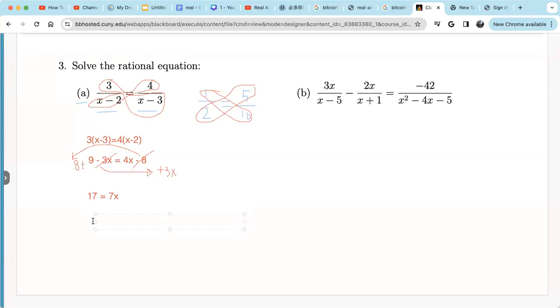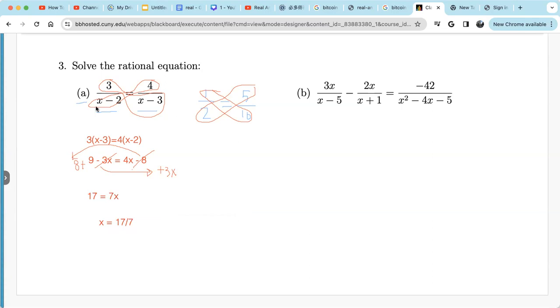So now I write x on this side. Normally, by convention, we like to write the x term, the variable, on the left-hand side. So x equals 17 divided by 7. And that's it.